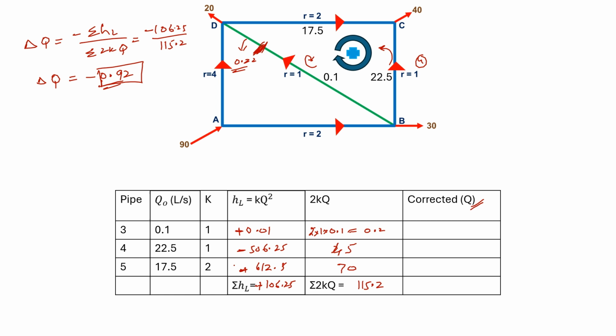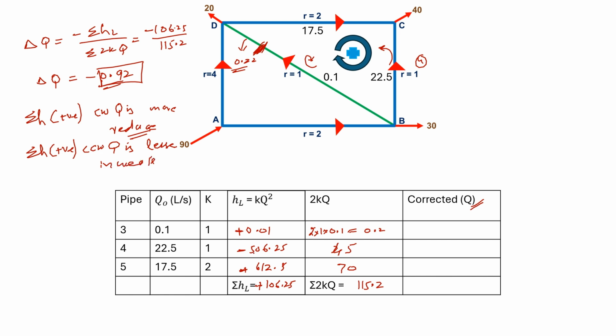Because again HL is positive, it means that the clockwise Q is more. If it is more, we need to reduce it. And delta H is positive, it means that the counterclockwise Q is lesser, so increase it simply. So where you see the negative sign with HL, you have to add this 0.92 to the discharge: 22.5 plus 0.92, and we have to subtract from the other values.